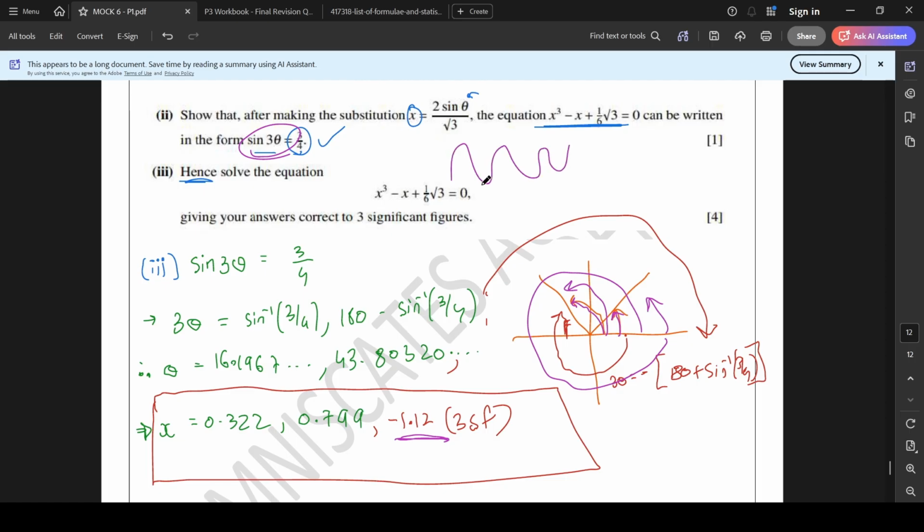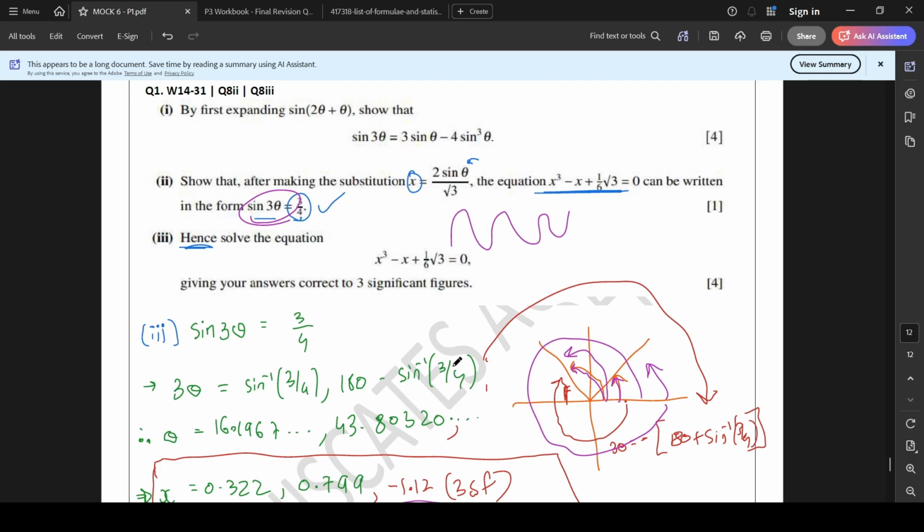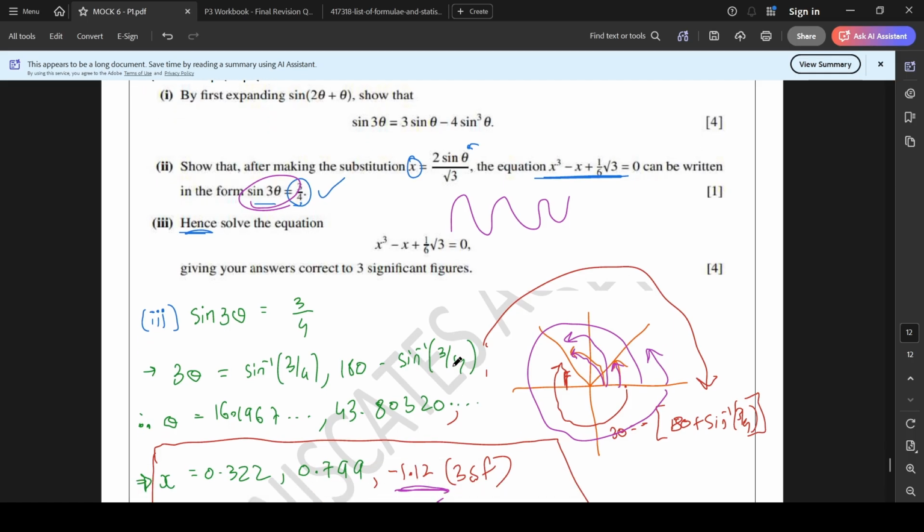So your answers will just keep on oscillating. So yeah, you must get your answer even if you're going in the forward direction, that is in the anti-clockwise direction. But yeah, you will just need to do slightly extra steps over there as compared to what you have done over here. So yeah, this question is unusual because you were not given a domain. You just had to use your presence of mind and ASTC diagram to solve this question.